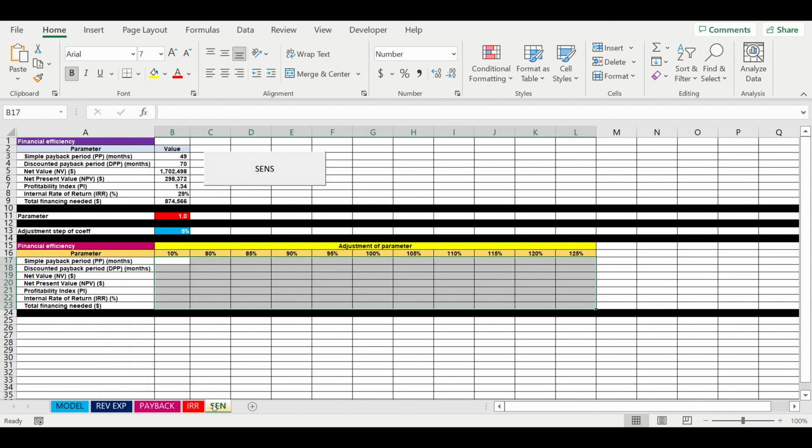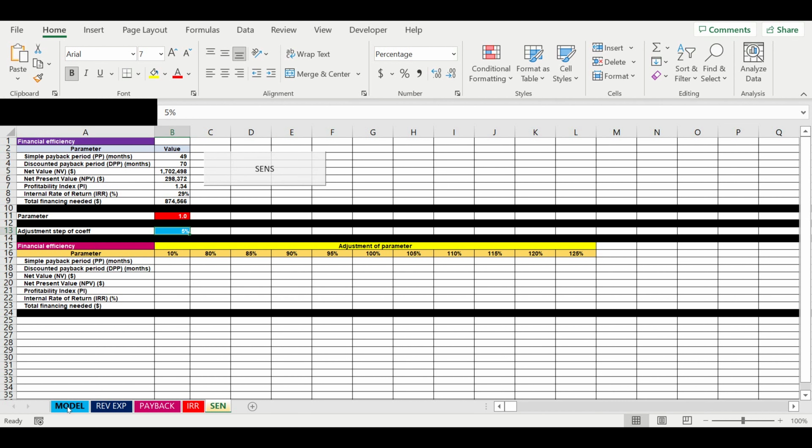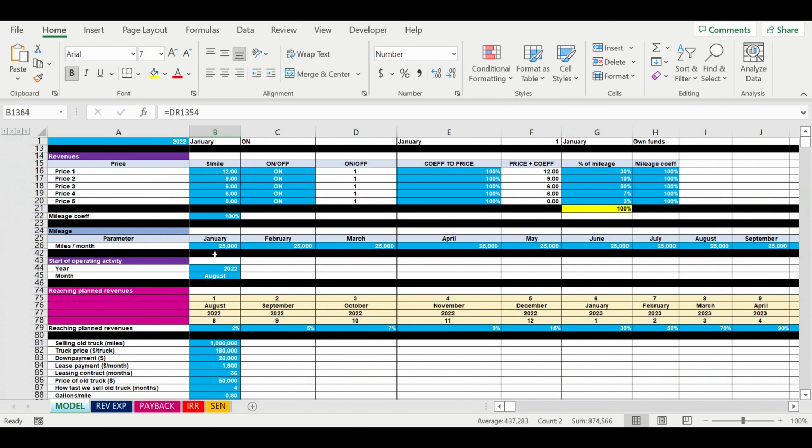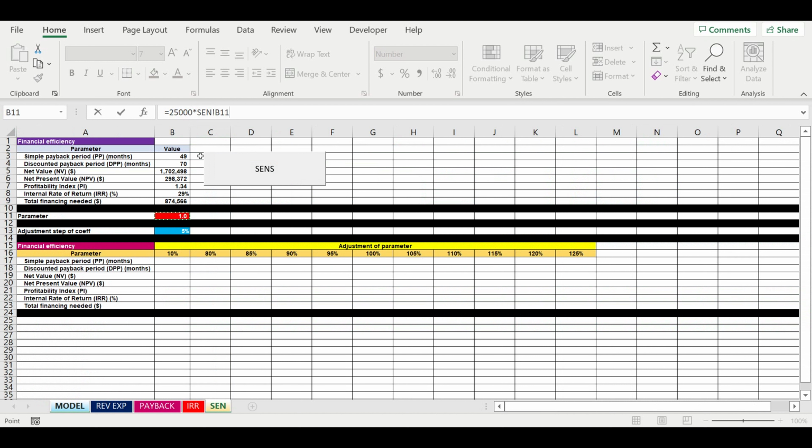And then what is interesting, we can play, for example, we'd like to see how stable our investment project is. For example, what will happen if the monthly mileage increases or decreases? So we can go here, we can go up, we can place equals, multiply it by the coefficient of sensitivity analysis, then we just fix it with dollar signs.